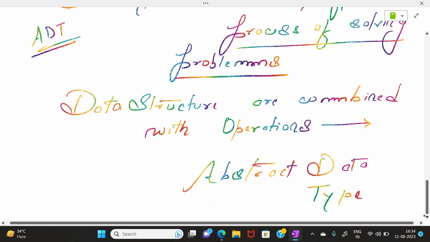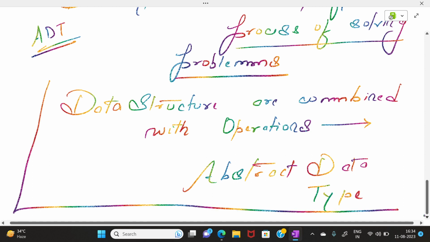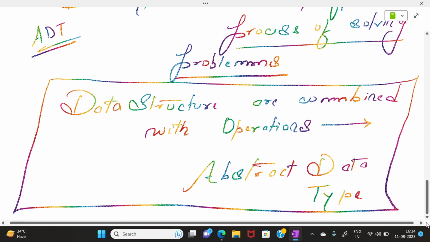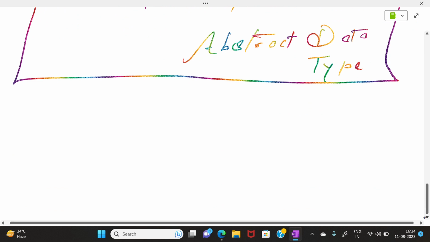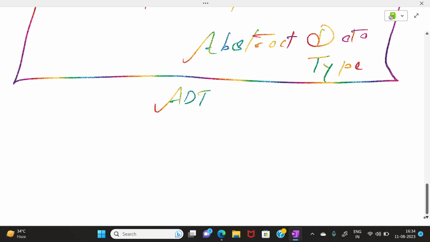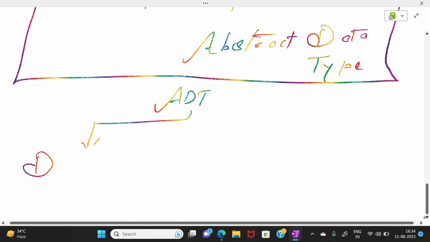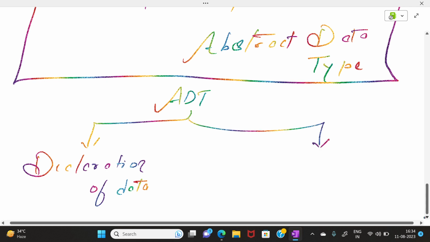Is that clear? Now, ADT has two parts. First is declaration of data, and second is declaration of operations.